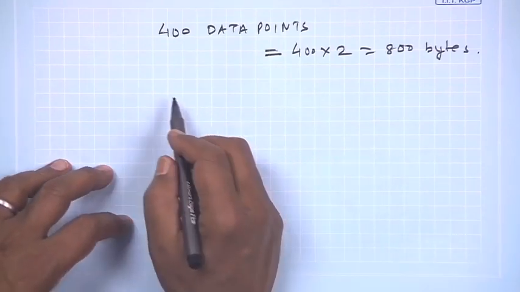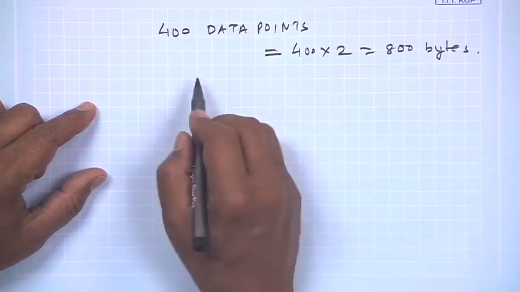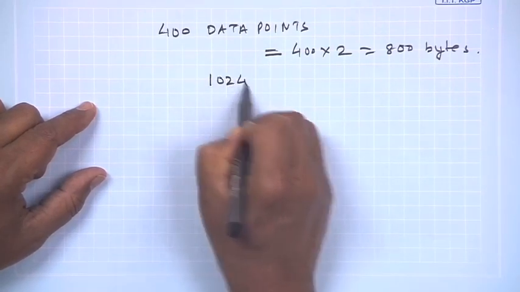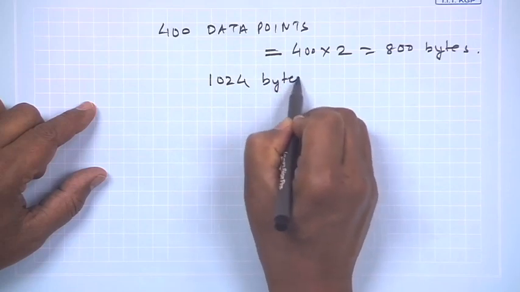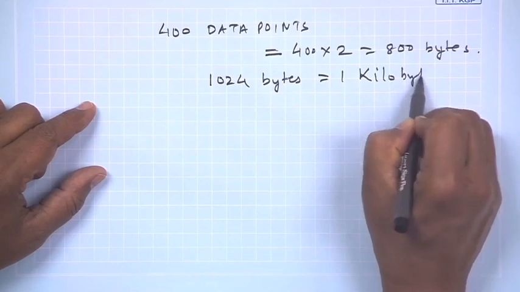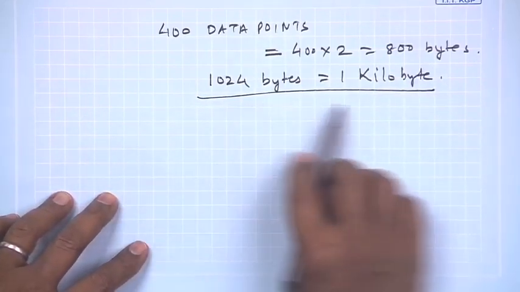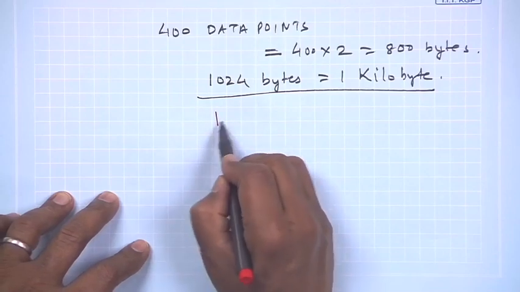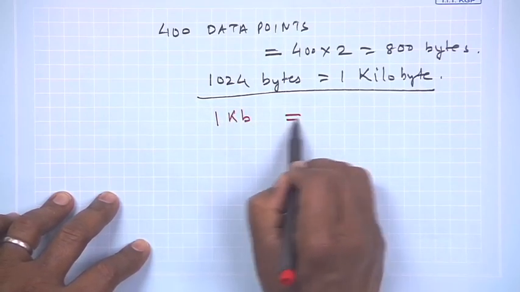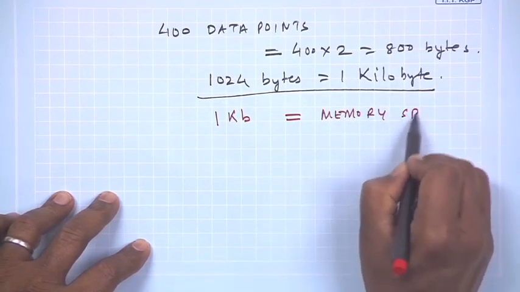Well, since the memory blocks are available in only 2 to the power something, the closest number would be 1024 bytes, which is 1 kilobyte. Okay. So, I would require 1 KB of space in this problem, and that is the answer.